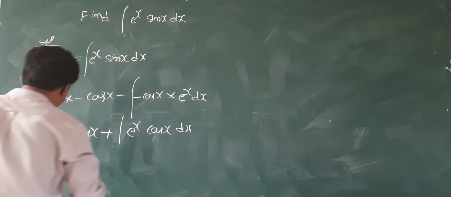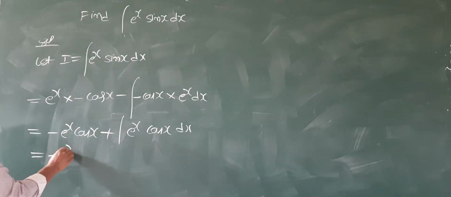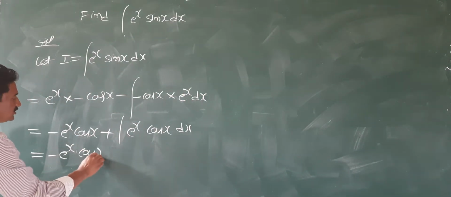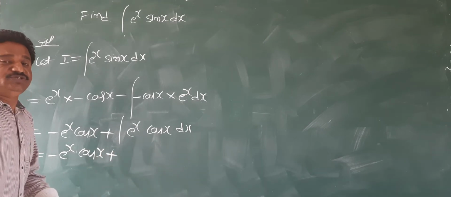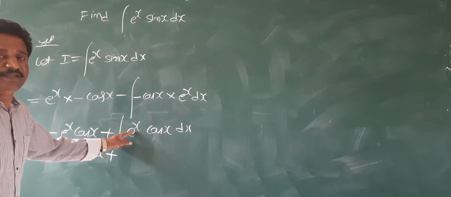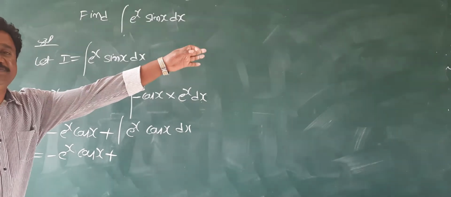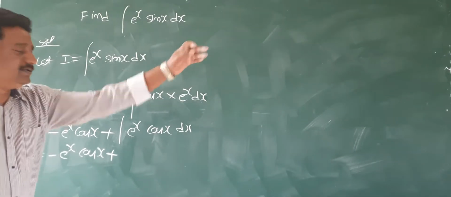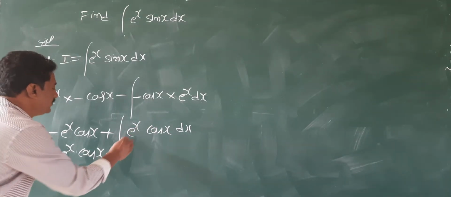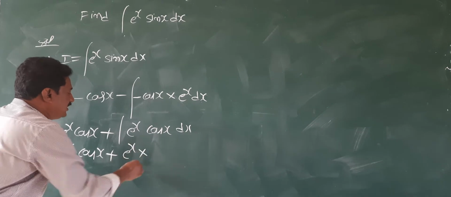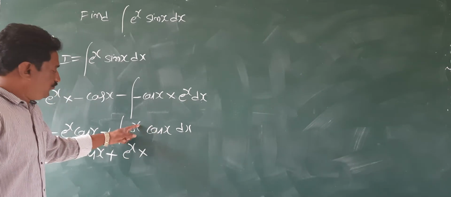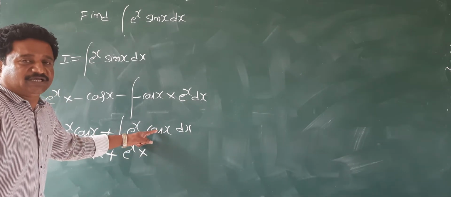So now, minus e power x cos x plus, which is first? Exponential. Just before, when I told you the tips, I gave a hint. Exponential first into integration of second.